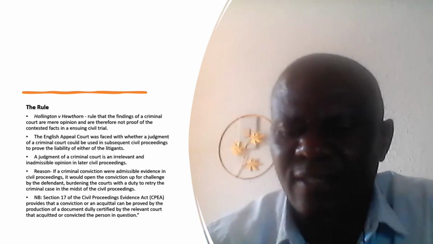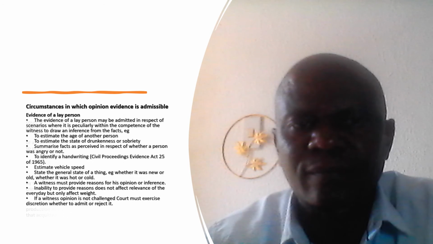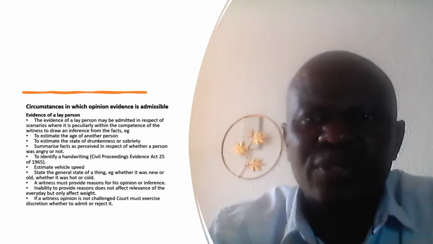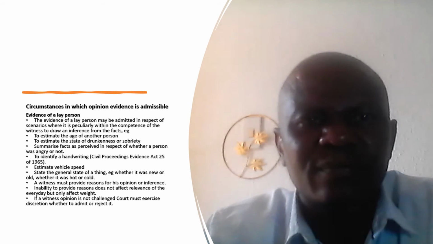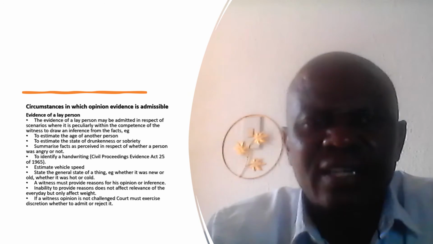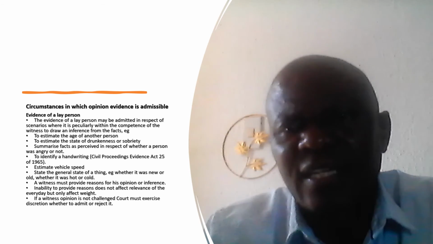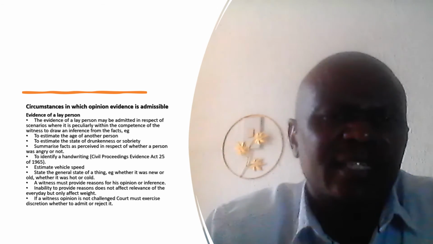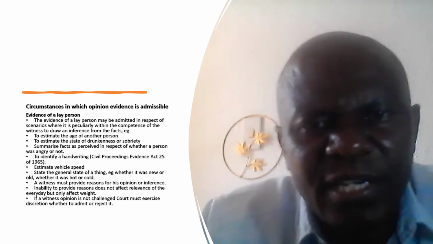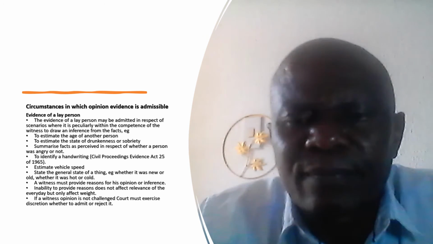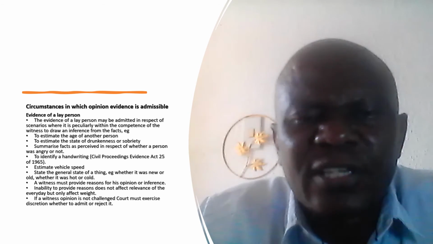Conundrum there. So there are circumstances in which opinion evidence is admissible. For instance, the evidence of a lay person may be admitted in respect of scenarios where it is peculiarly within the competence of the witness to draw an inference from the facts. For instance, to estimate the age of the person.